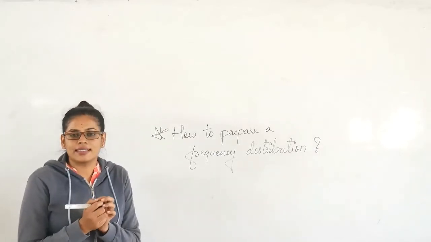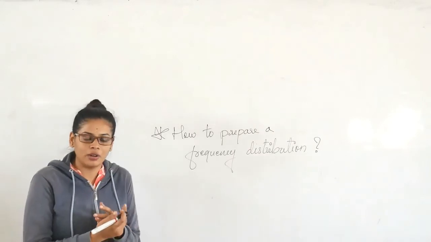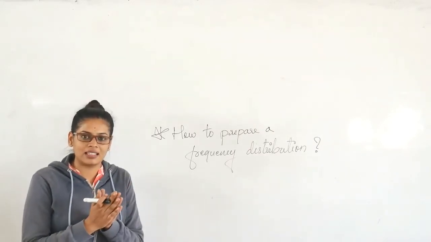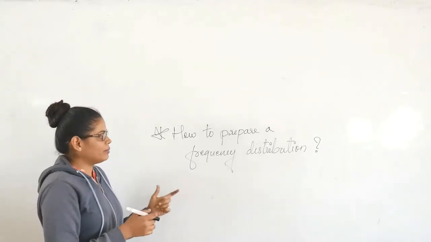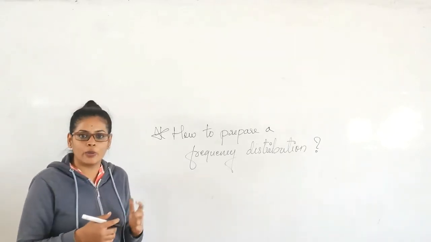Today we will be discussing the next part of what we studied in the last class, that was what a frequency distribution is. Today we will be discussing how to prepare a frequency distribution.